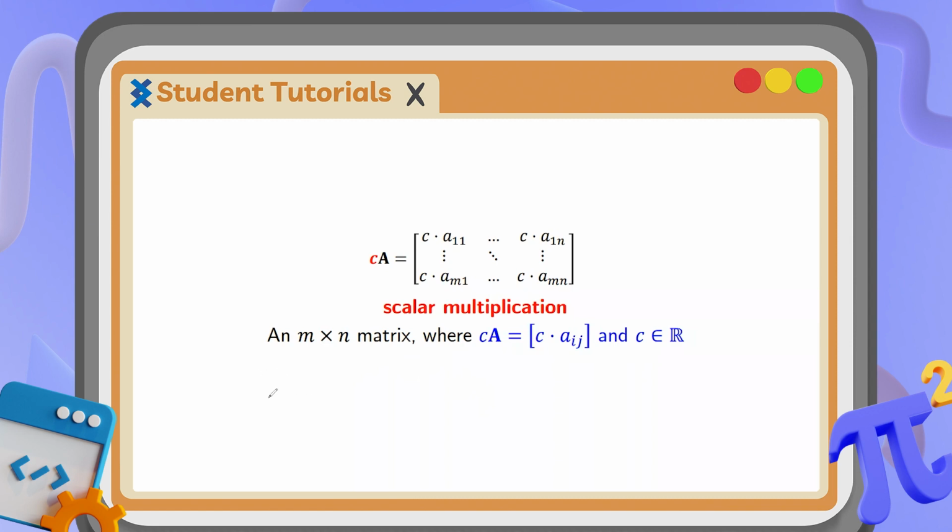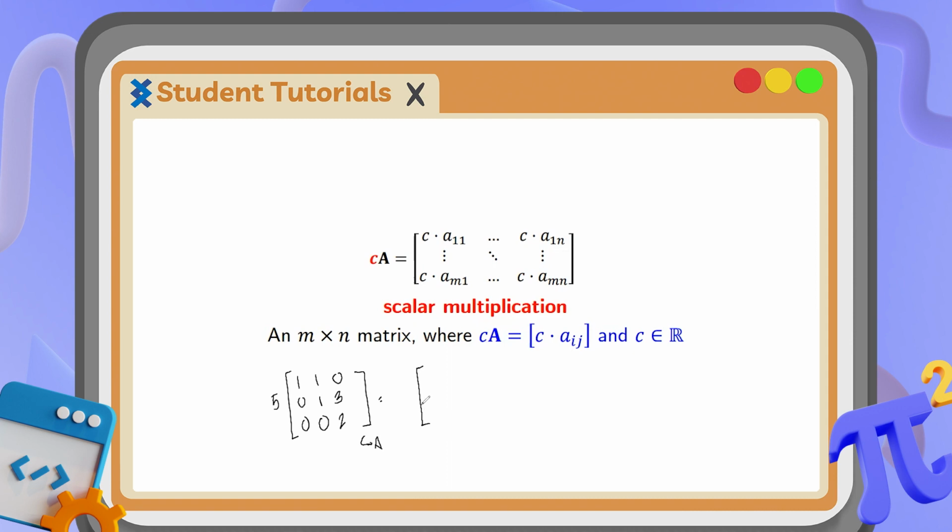So if I have something like 5 times, let's say, this matrix over here, if I multiply 5 to the matrix A, let's call this matrix A, then we need to apply multiplication across all elements of the matrix.